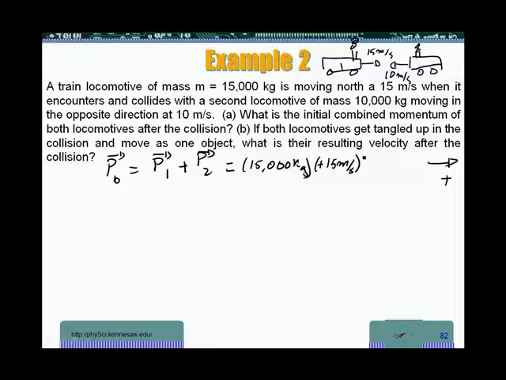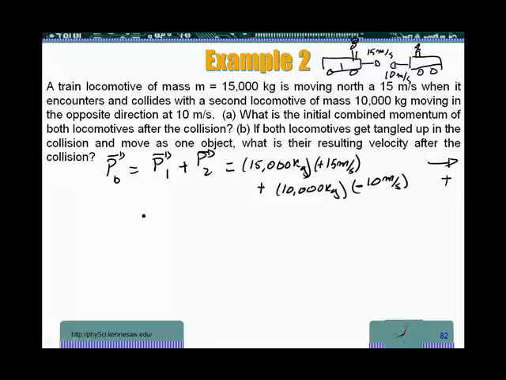And then momentum 2 is going to be 10,000 kilograms times the velocity, which is 10 meters per second in the negative direction, so it's minus 10 meters per second.